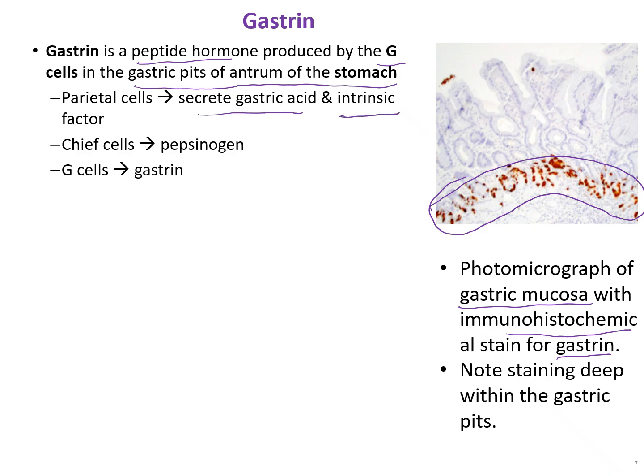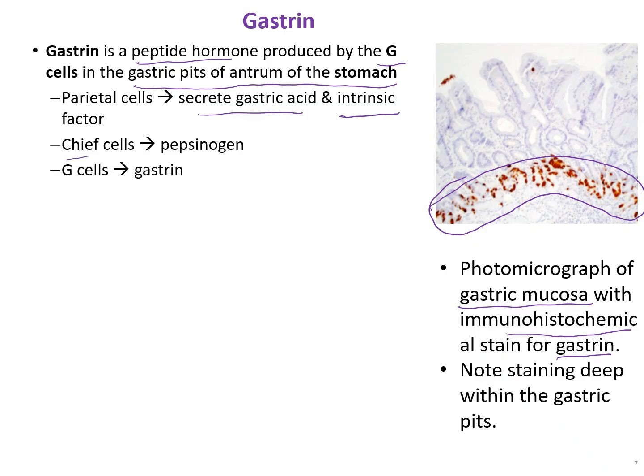Intrinsic factor is important for vitamin B12 absorption. Vitamin B12 binds to intrinsic factor and is absorbed in the terminal ileum. That's why when a patient has a gastrectomy, removal of part of the stomach, there is a deficiency of vitamin B12, leading to pernicious anemia and some neurological problems.